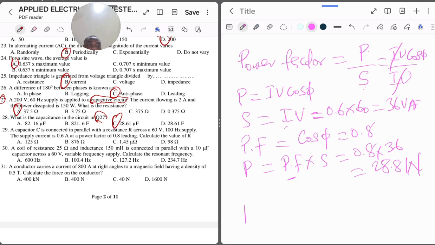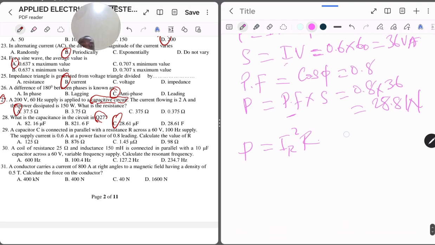To find IR, there's an easy way to do this. You can do it by comparing the power formulas and matching, and then you can find IR. What do I mean by this? If we were to write power, IR squared times R will be equal to this.